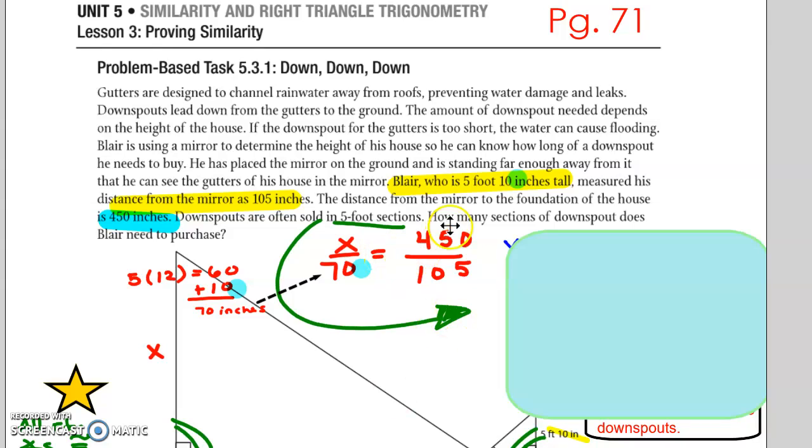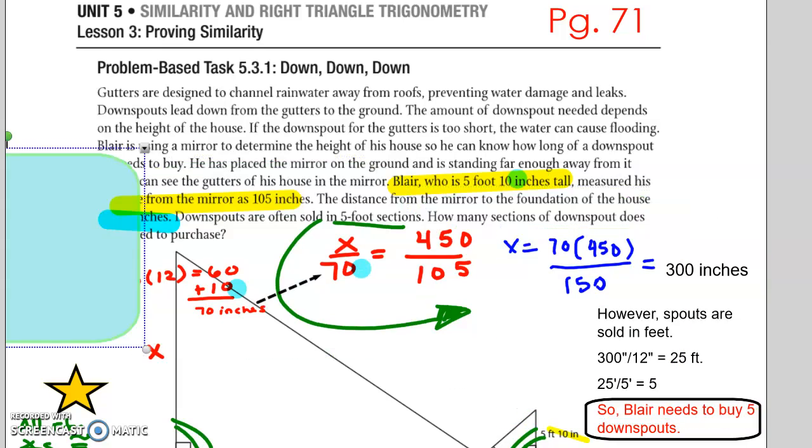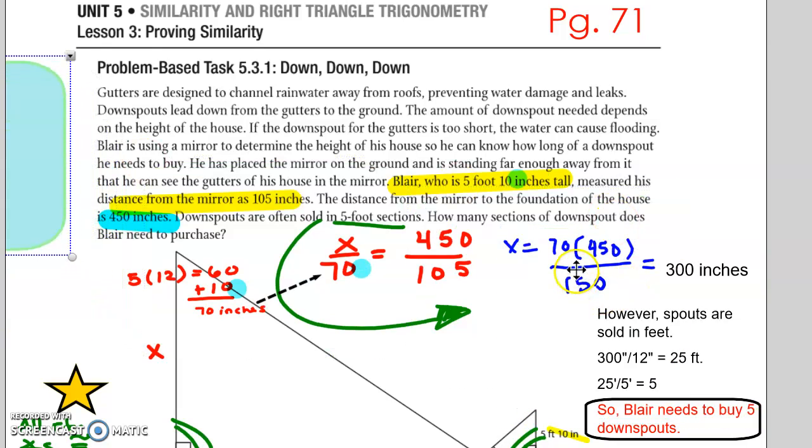Okay, and that's equal to the 450 over 105. Here is the work. So if you basically multiply the 70 and the 450 together and divide by 105, we've isolated the x. That comes out to 300 inches.